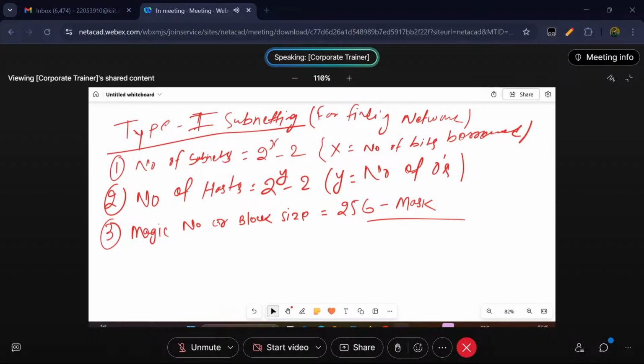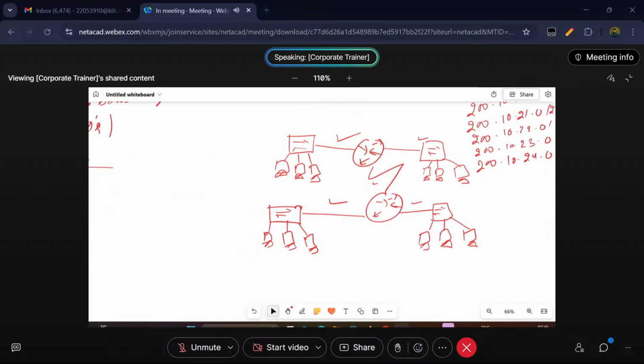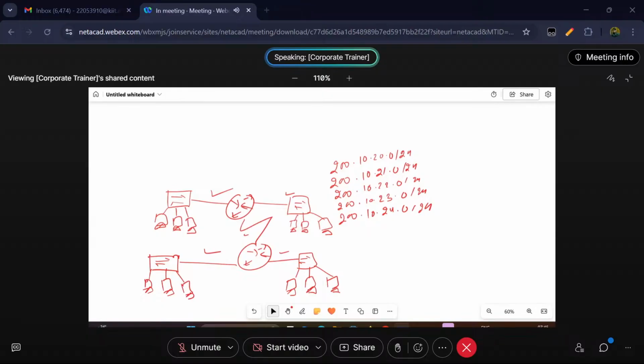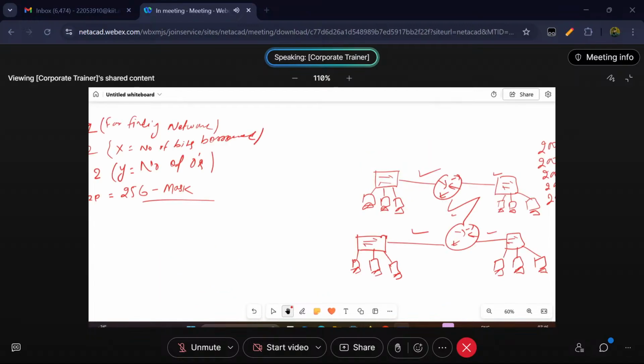I hope you have seen how many networks are required. We require 5 networks, right? Because if you use those 5 networks without subnetting, the IPs I have already written are 200.10.20.0, 21, 22, 23, 24. So in this topology, we basically require 5 networks.